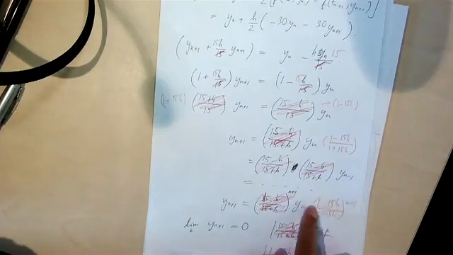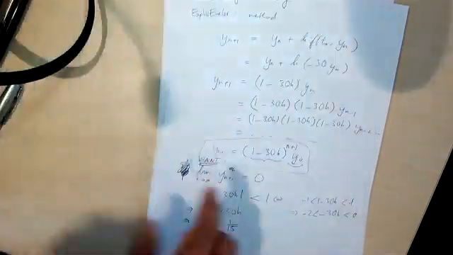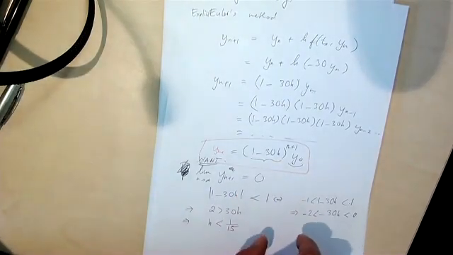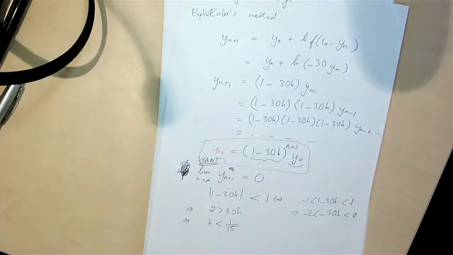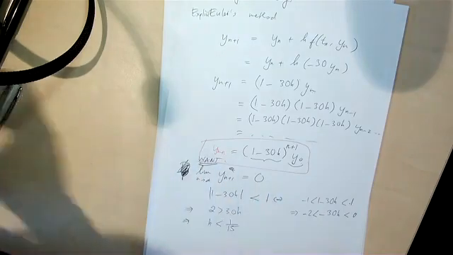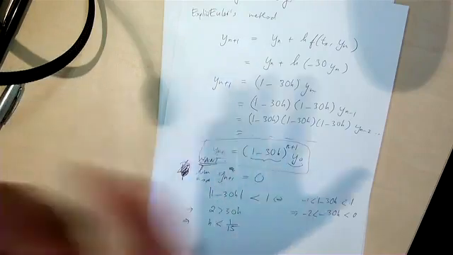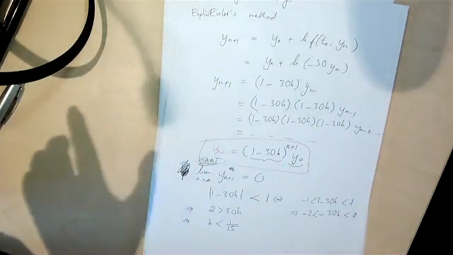This one is for the trapezoidal method, and this one is for the explicit Euler method, right? So q will be different for each method. Now it's very clear that if the absolute value of q of h is less than 1, then your method is stable, okay?